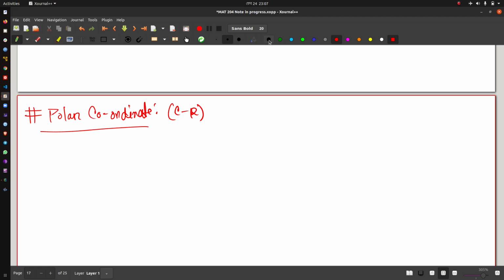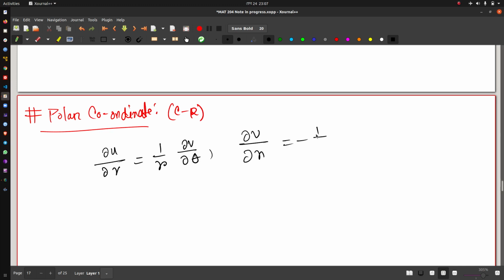I'm not going to show you the proof over here, but this is pretty easy and straightforward to do. This is the Cauchy-Riemann conditions in polar coordinates, where u and v, both of them are functions of r and theta.